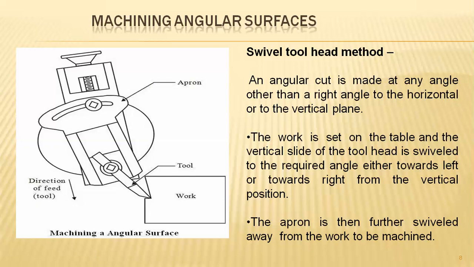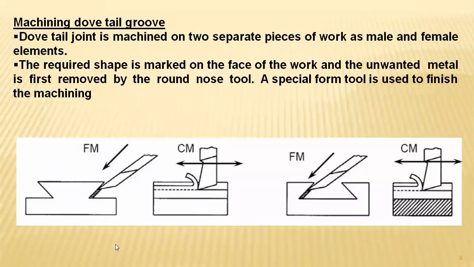It's nothing but swiveling towards a particular direction by fixing a particular inclination and commencing the activity until we get the required shapes in that particular vertical or horizontal plane. These are the conditions.